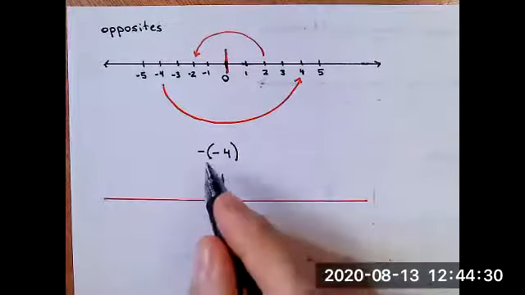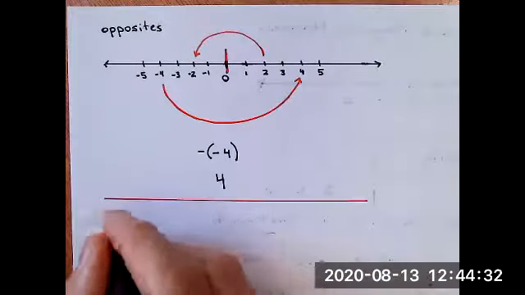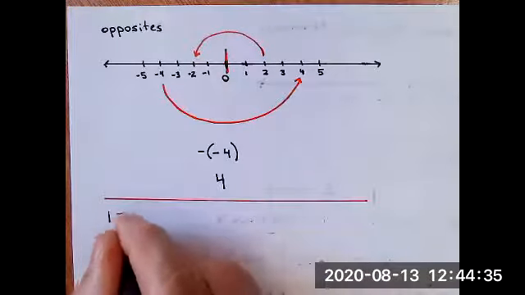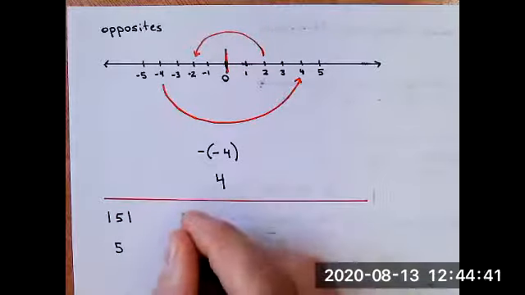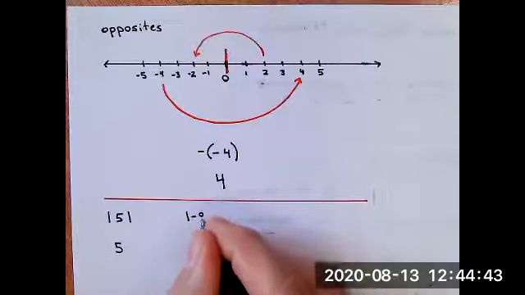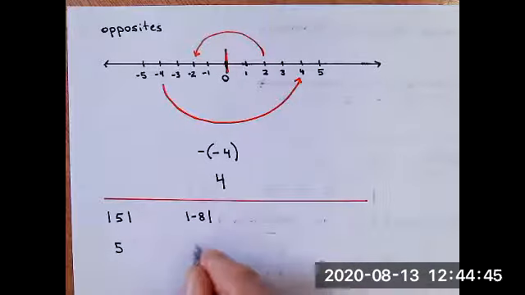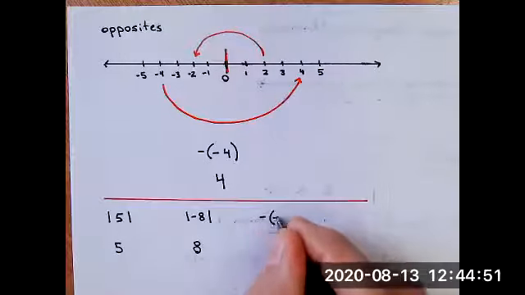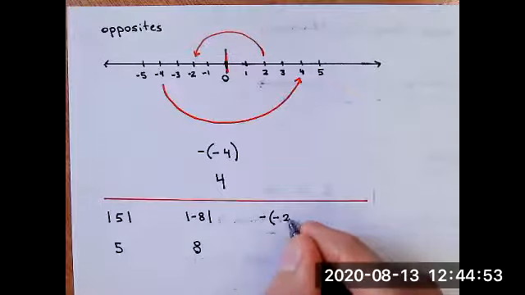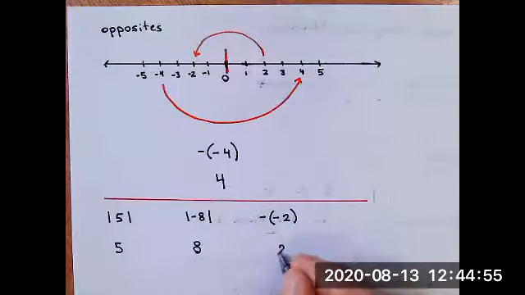All right, so let's review. The absolute value of a positive is positive. The absolute value of a negative is positive. The opposite of a positive number is negative.